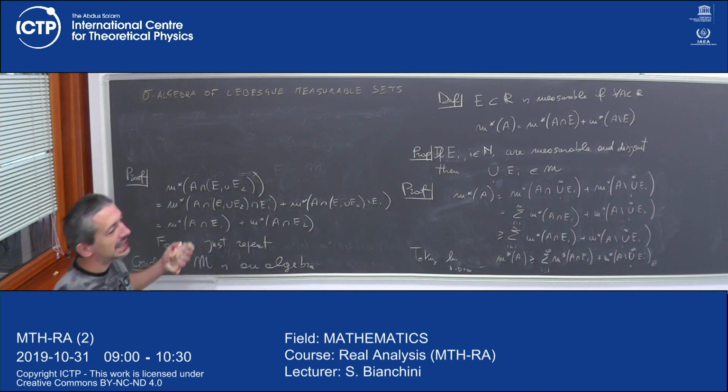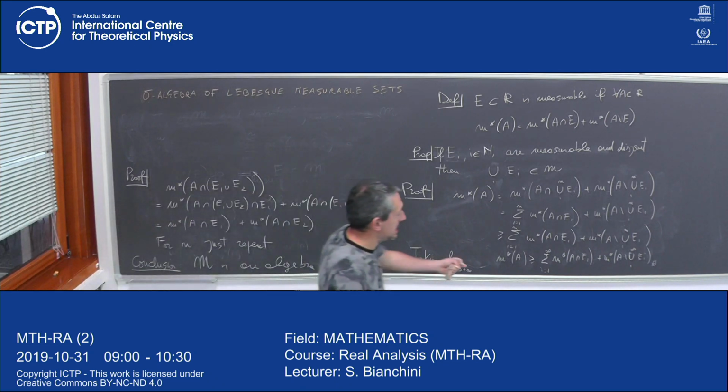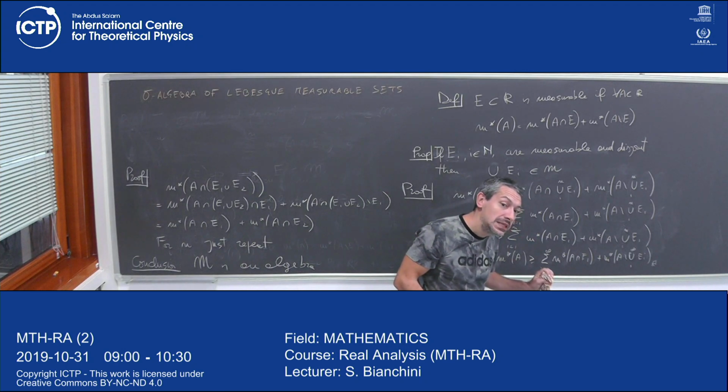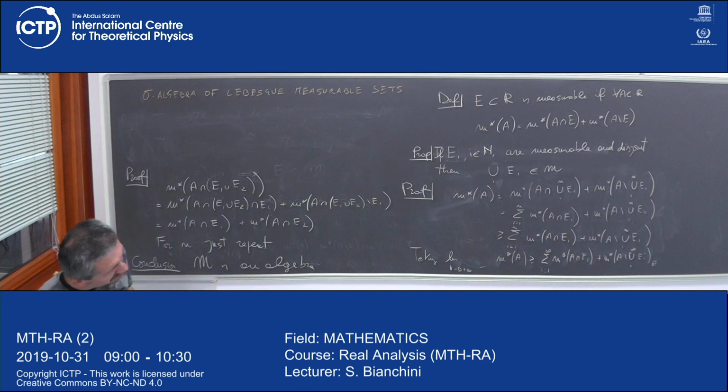And you see that at this point you understand why that definition was okay, because if I say something is measurable if this sum holds, you would say: here we have finite, then the sum is outside. Yes, the sum is outside for infinite.